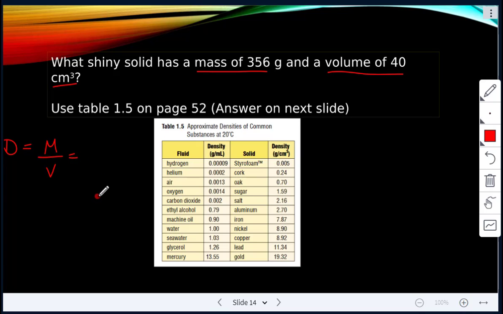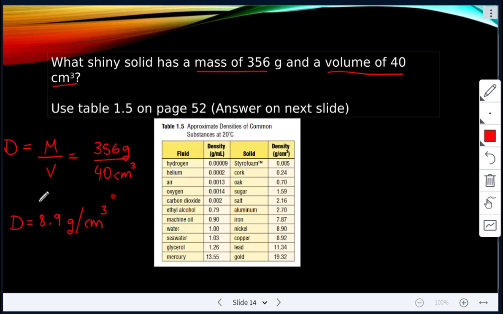Our mass is 356 grams, and we're going to divide it by the volume, 40 centimeters cubed. Put it into your calculator: 356 divided by 40 gives me 8.9 grams per centimeters cubed.